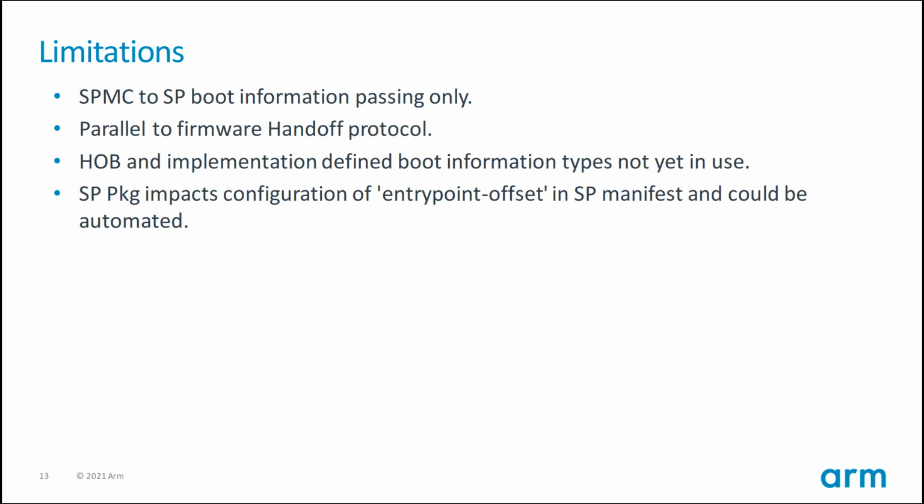Actually, yeah. So that's why this thought popped up into my head, right? If we automate the entry point offset, it won't work for a non-position independent executable, right? If your image has to run at hex 8000 address, and your manifest size increases, and I automatically update the entry point offset, yeah, the SP could break, right?